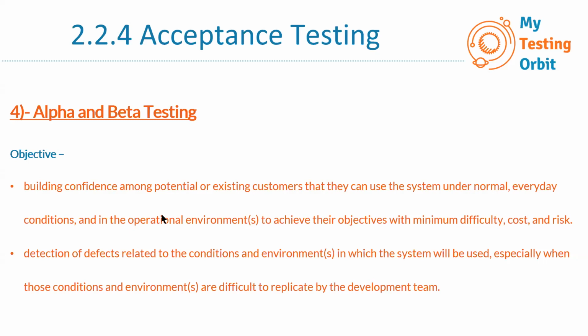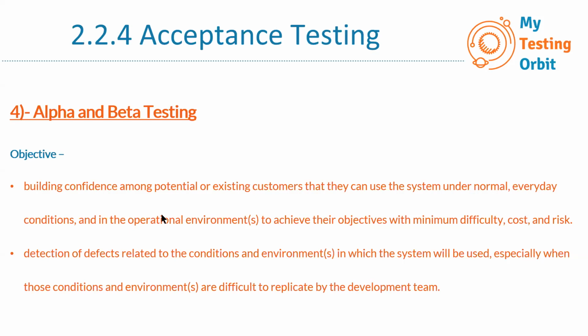In a few cases I have seen that testers also do UAT, but it should be in conjunction with the end user, like with the client or with the stakeholder or product owner, because otherwise there will be no difference between system testing and UAT.